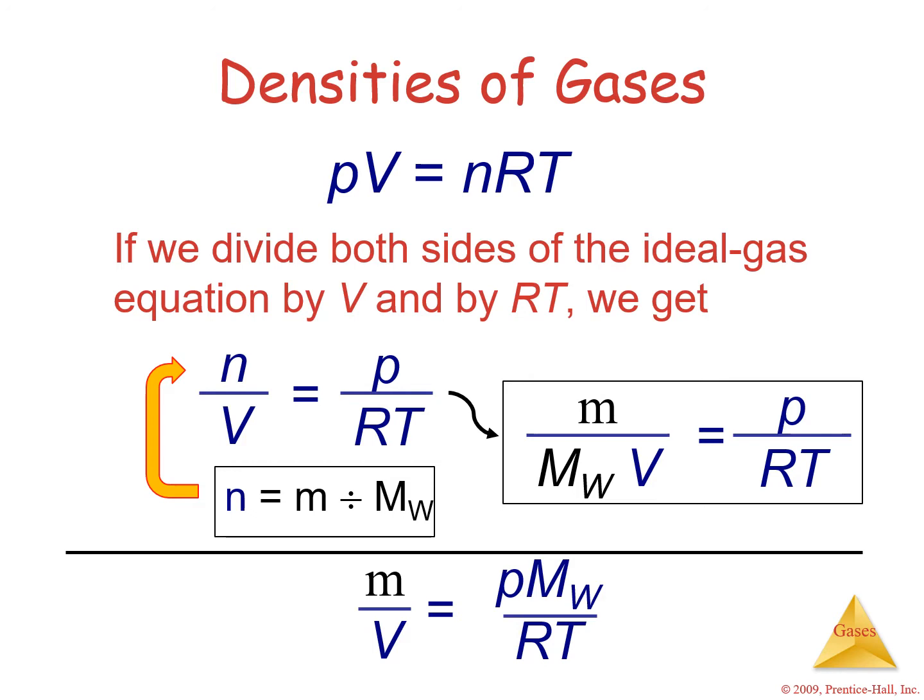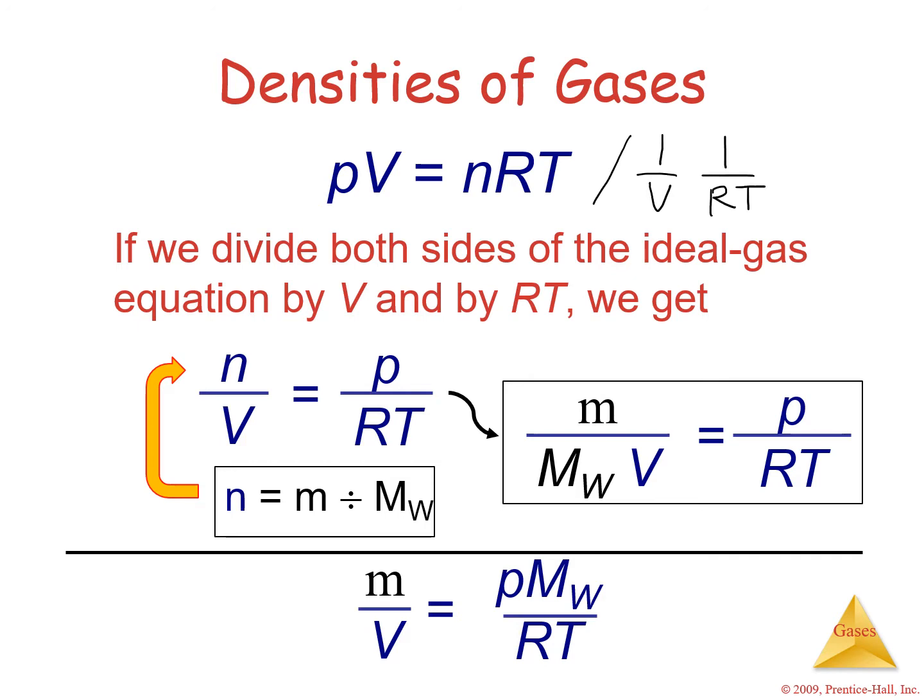To really see the connection with the density, let's start with the equation PV equals nRT, and divide both sides of the equation first by volume and then by RT.